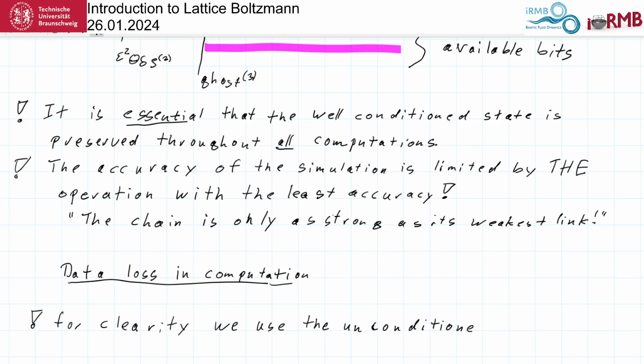And then you know that in reality, you have to do both conditioning and using the right operations. So we are just working with Fijk and not with delta Fijk, just to make the thing simpler.